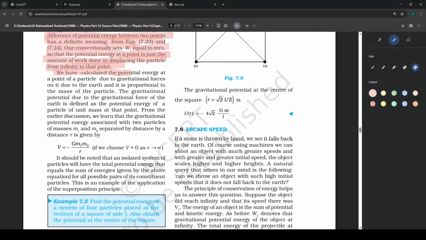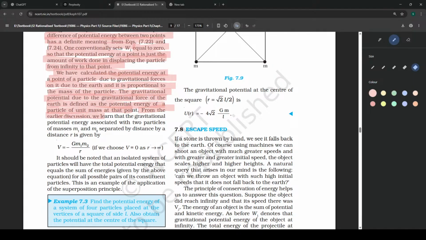We have calculated the potential energy of a particle at a point due to gravitational forces on it due to the earth, and it's proportional to the mass of the particle. The gravitational potential due to the gravitational force of the earth is defined as the potential energy of a particle of unit mass at that point.